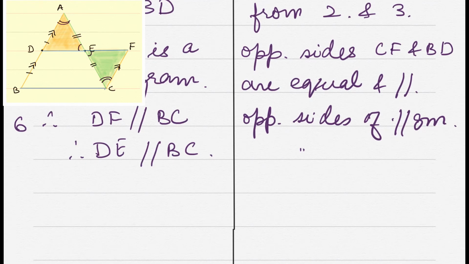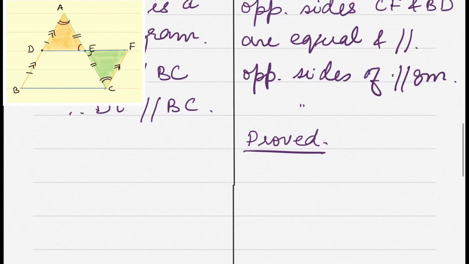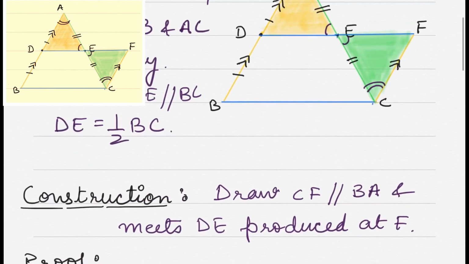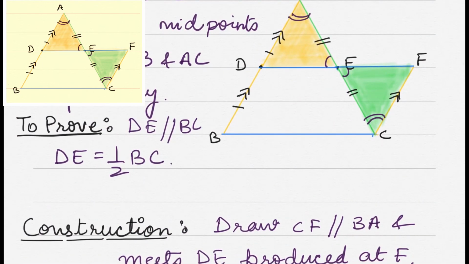Okay, so we have proved it, right? So we have proved one point what we were supposed to prove. So DE is parallel to BC. We have proved it here.